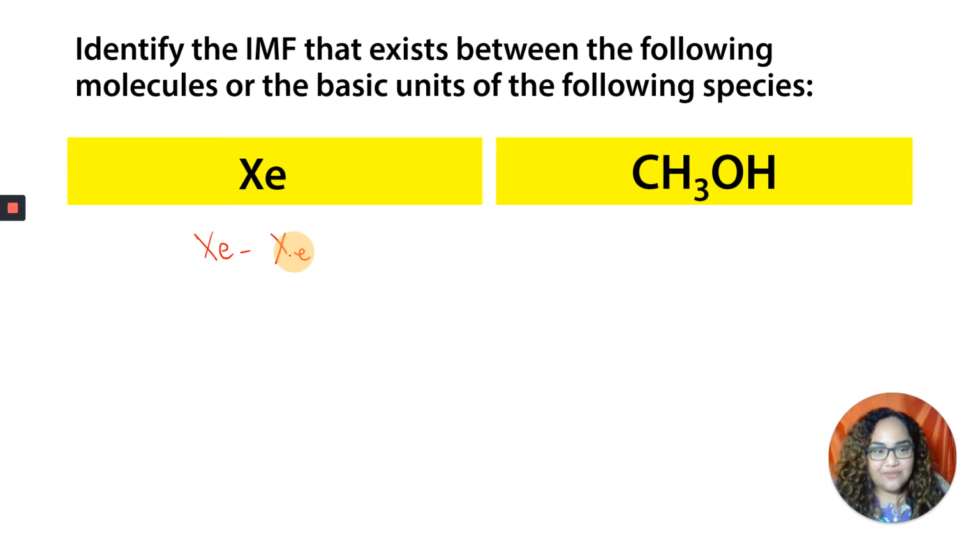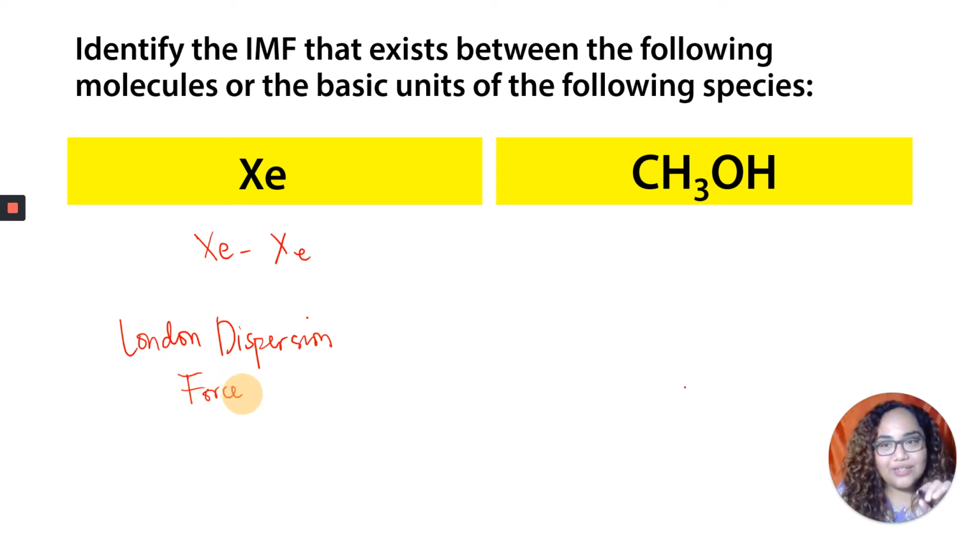Since it will have the same electronegativity, there is no polarity at all. So which of the four IMFs would have no polarity considered? That would be your London dispersion forces. So you can just write London dispersion force. Okay, so that's what IMF exists in just one single xenon atom.